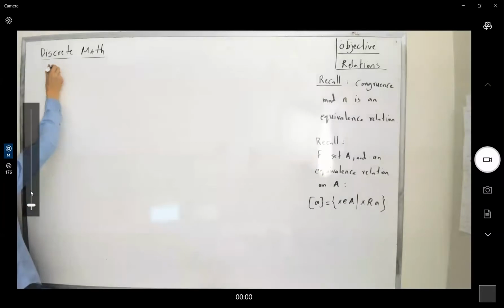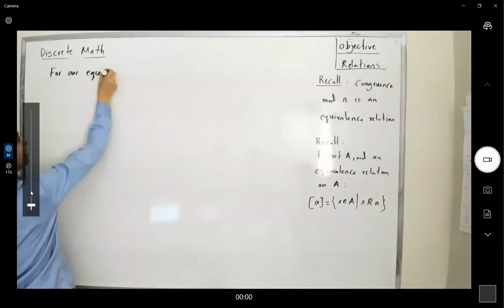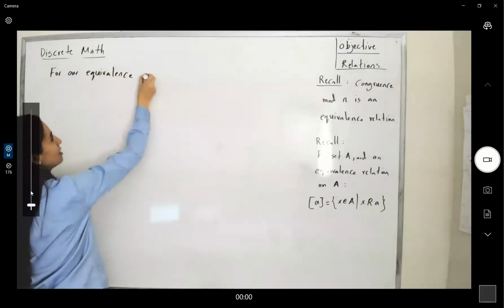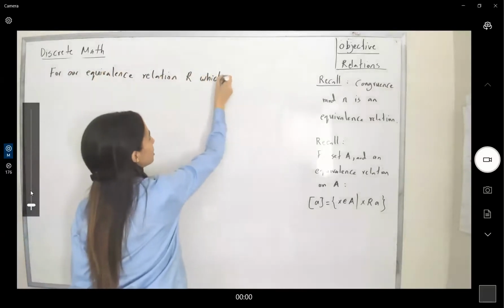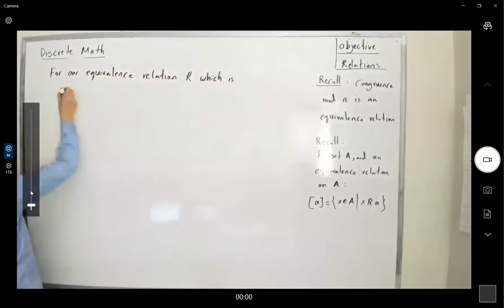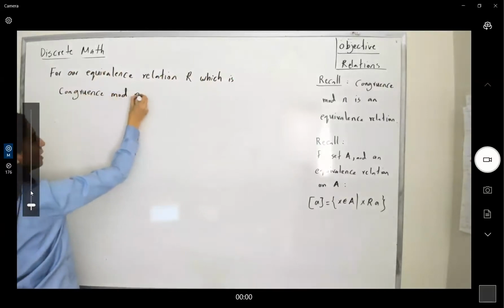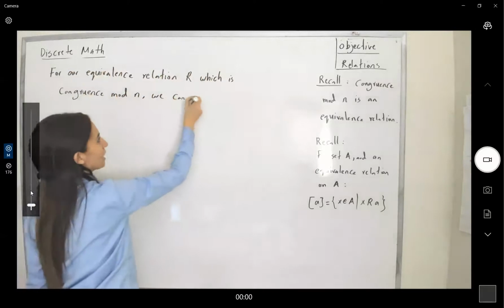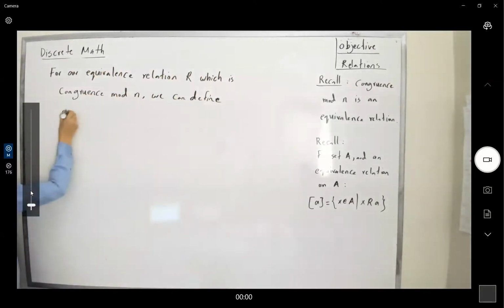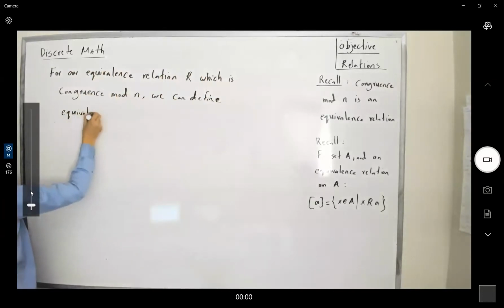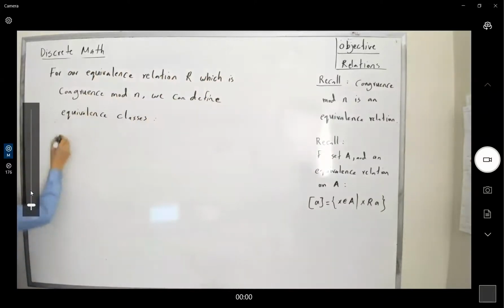So, for our equivalence relation R, which is congruence mod n, we can define equivalence classes this way.